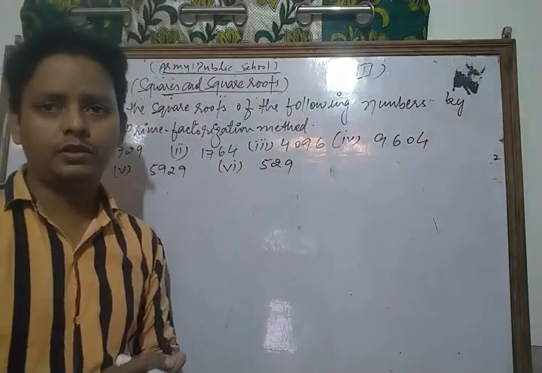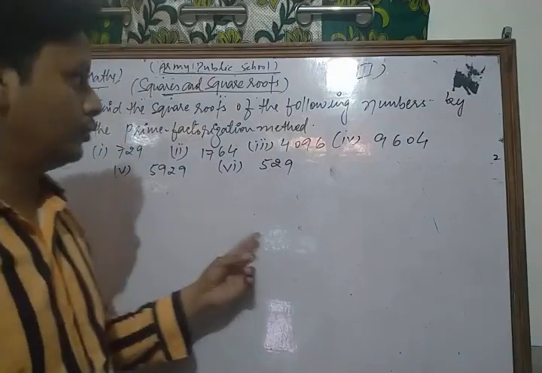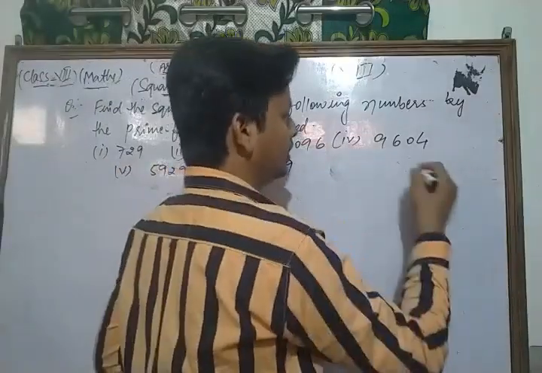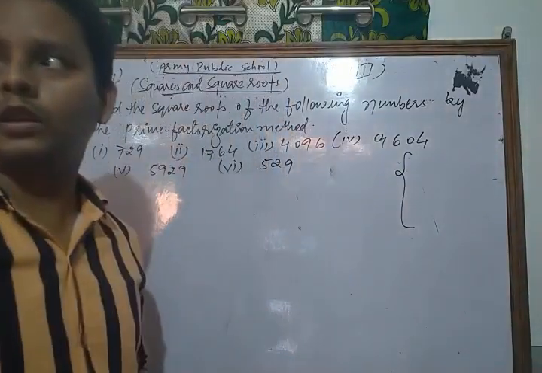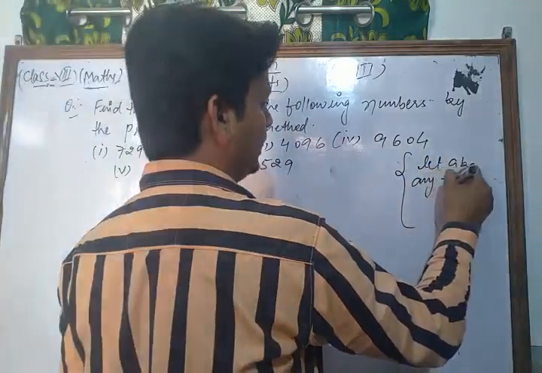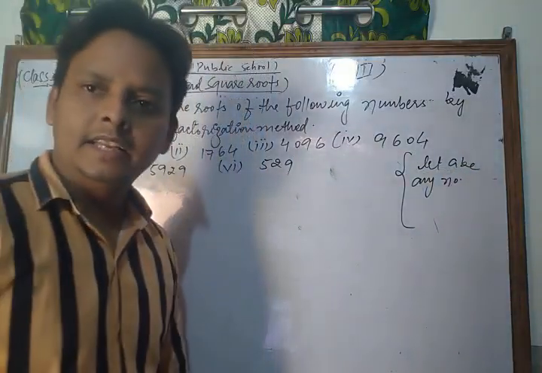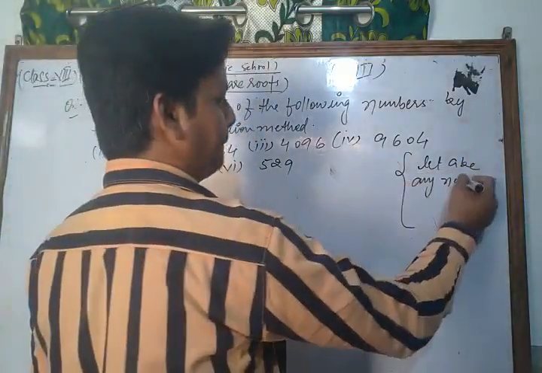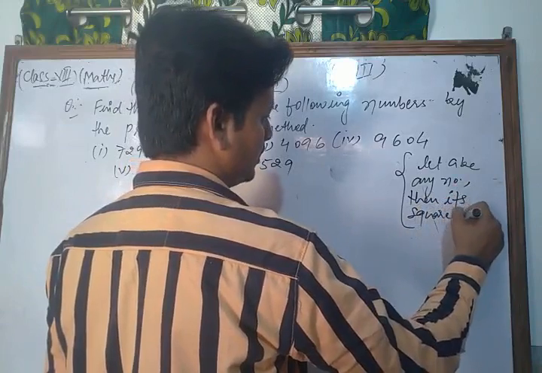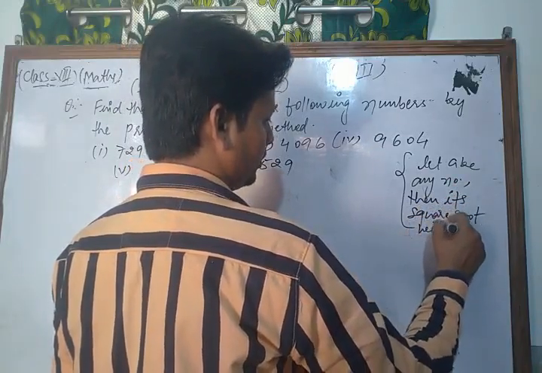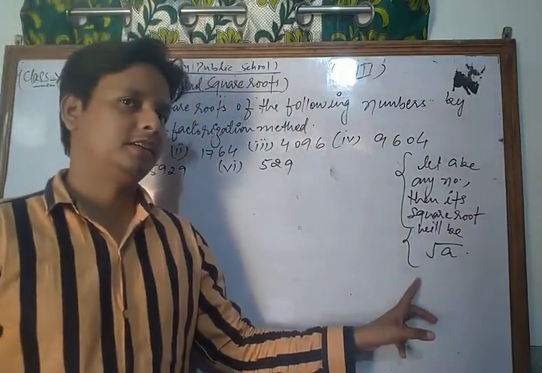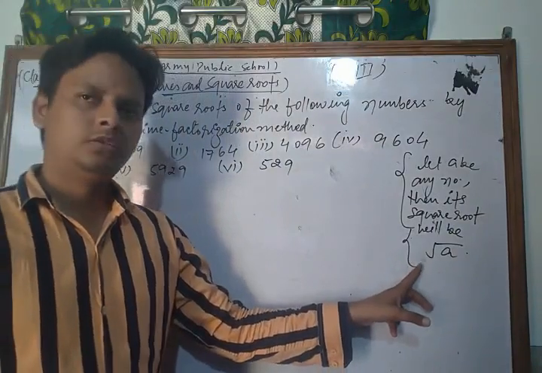And for this question, dear students, we find the square root of the following numbers. And in the previous class we also discussed this. In the starting, suppose that let a be any number, then its square root will be denoted by under root a.